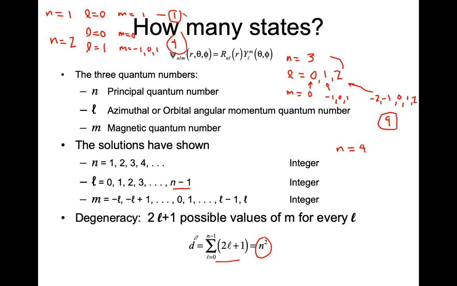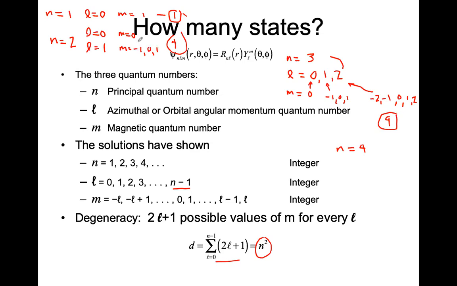We call those number of states the degeneracy of the energy eigenvalue, and of the eigenfunctions associated with that eigenvalue, okay? And so what that means is, for example, in N equals 2, there could be a whole bunch of electrons, all of which have energy, we said, minus 3.4 eV, and yet there are 4 different mathematical functions that can define the wave function psi, each one of those with a different value of r.